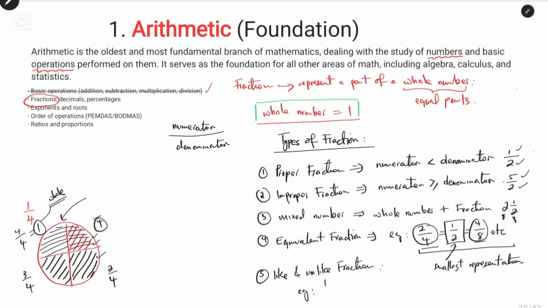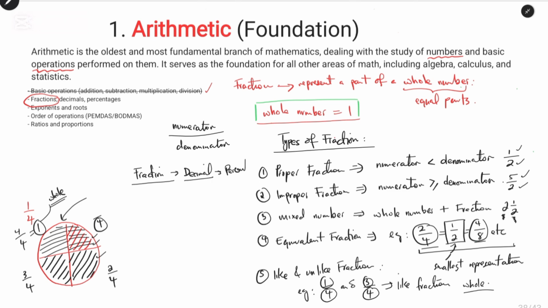Example, if we have 1 on 4 and 3 on 4, they represent like fractions because of the denominator, and if we add them, they will give us a whole number. So such fractions are called like fractions. Fractions help us to understand the decimal and the percentage.